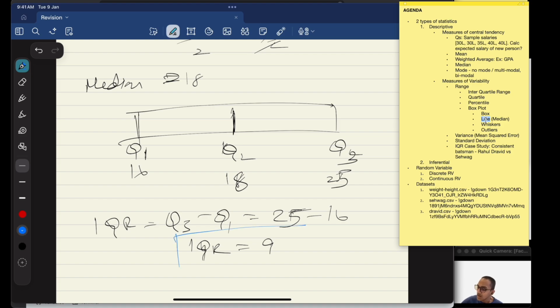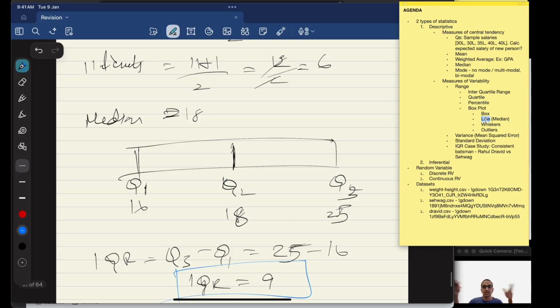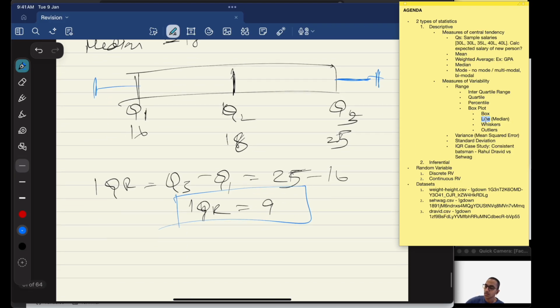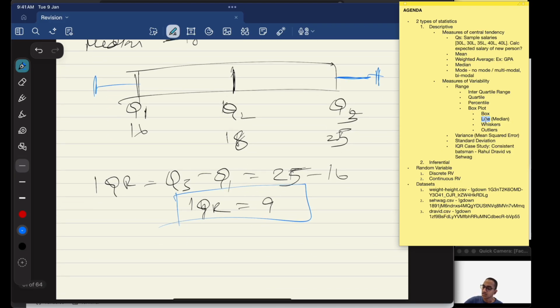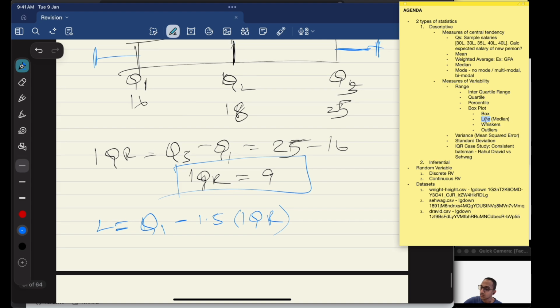Now, since we do have IQR, we can find the edges, right? How do we find the edges? Like I said, the lower edge is Q1 minus 1.5 times IQR. What is Q1?